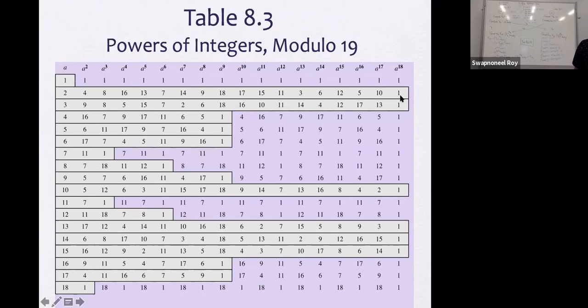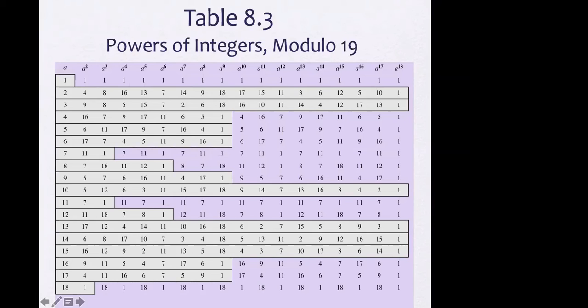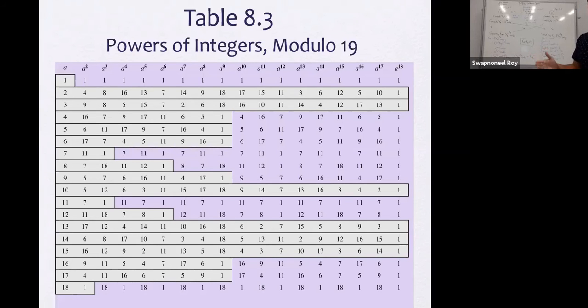Do you understand what this is? Do you understand how to read this table now? Yeah. So it's an 18 cross 18 table where the rows represent the base and the columns represent the exponent. The base ranges from 1 through 18. The columns also range from 1 to 18.